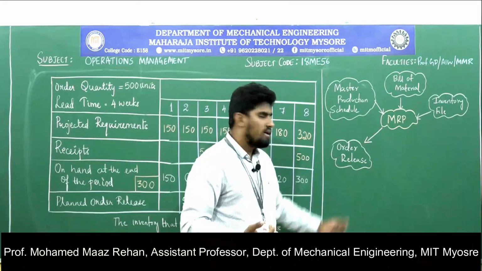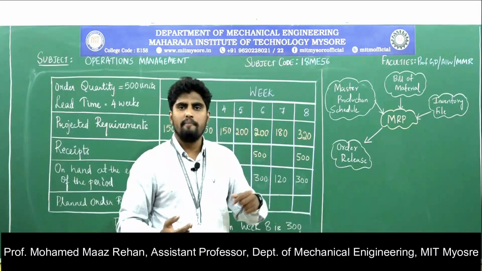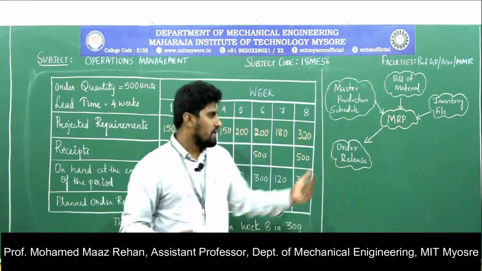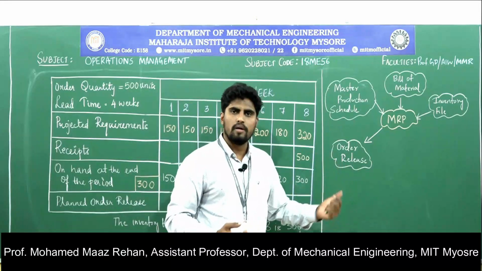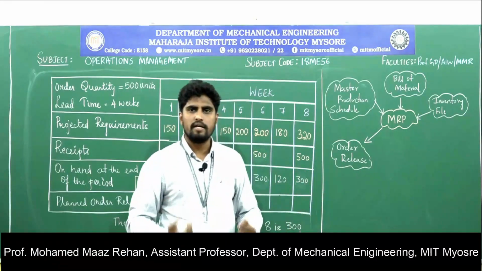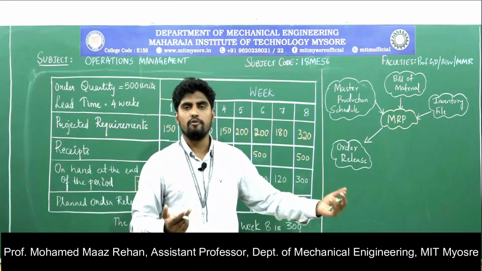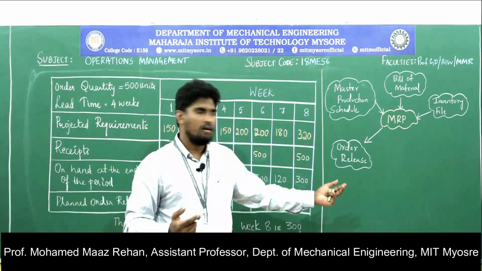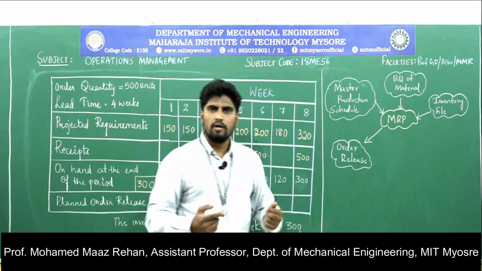So in order release, it might be the purchase department placing an order outside the organization. If there is a shortage of material in-house in your inventory, you have to procure material. That all comes under order release.